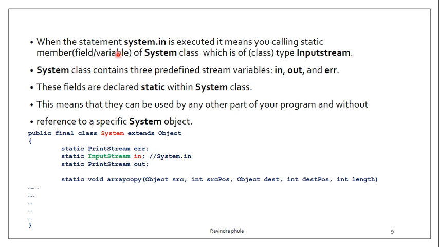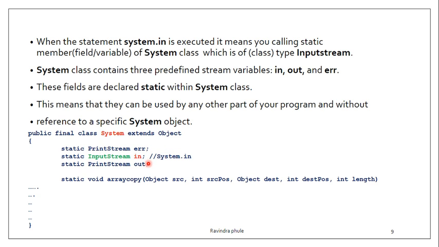The System class contains three predefined stream variables, namely in, out and err. Err is actually the error stream. Input, output and error are the three fields provided by the System class.